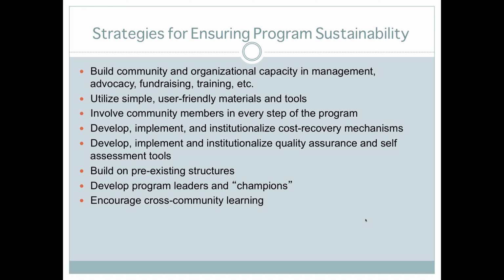And these include building community and organizational capacity in management, advocacy, fundraising, and training, utilizing simple, user-friendly, accessible materials and tools, involving community members in every step of the program so that you've got community support, community capacity, community mobilization to sustain this program over time, develop, implement, and institutionalize cost recovery mechanisms, develop, implement, and institutionalize quality assurance and self-assessment tools, build on pre-existing structures whenever you can, develop program leaders and program champions, and encourage cross-community learning.